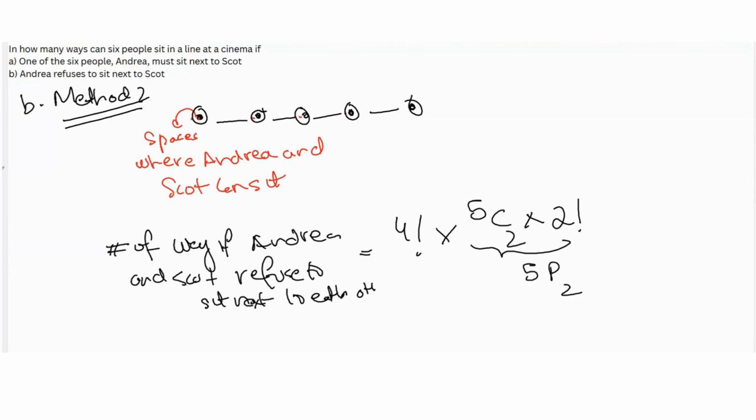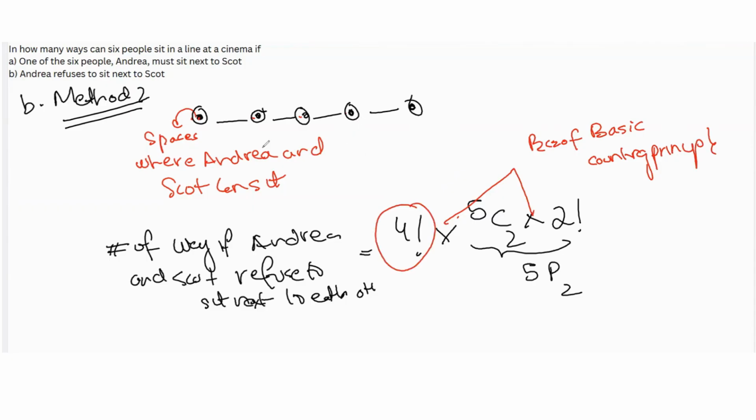And again, the reason why we are able to multiply them is because of the basic counting principle, just to emphasize. Because what we're saying is that these four individuals can be seated in 4 factorial ways.